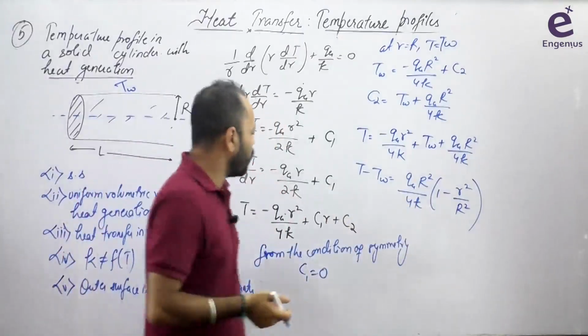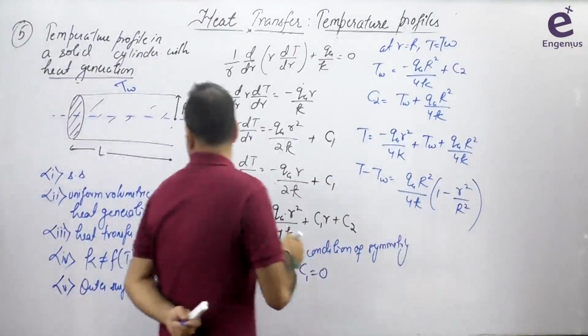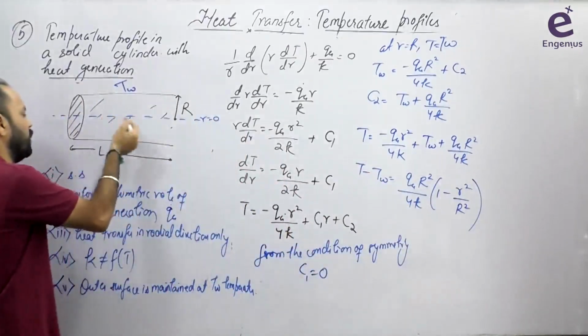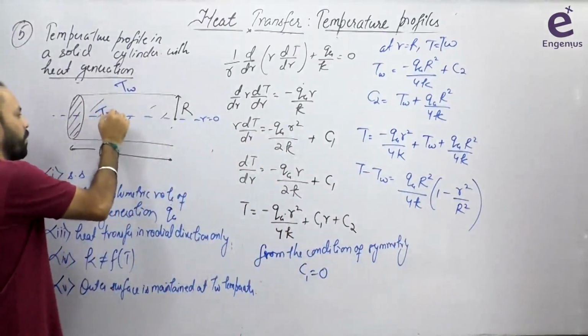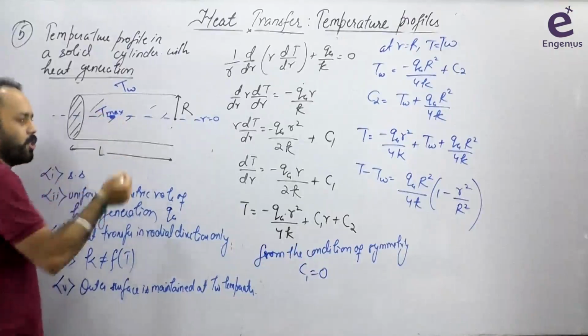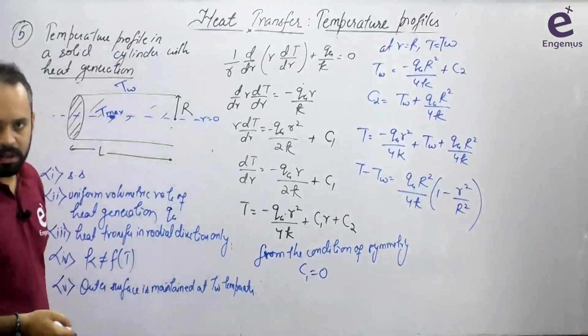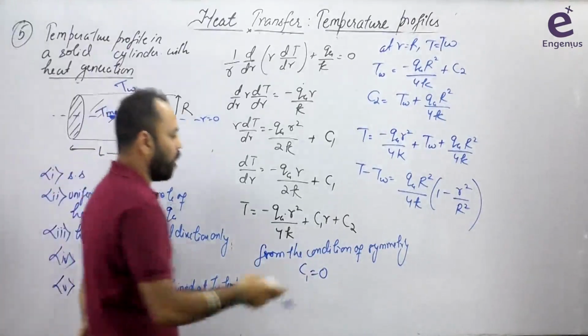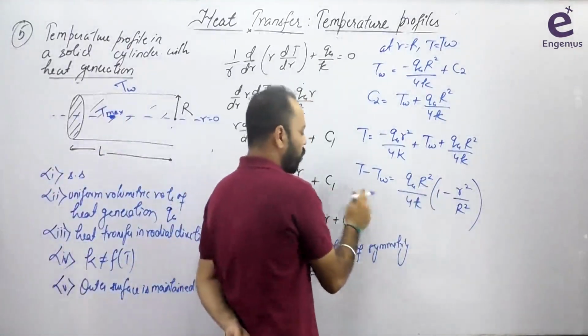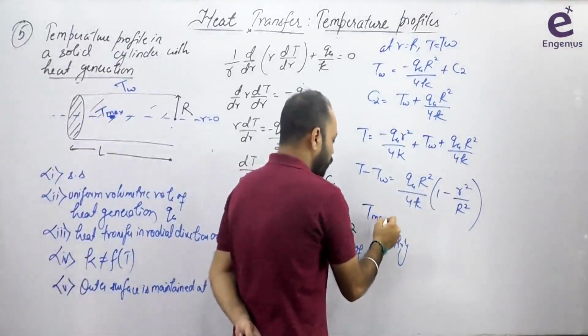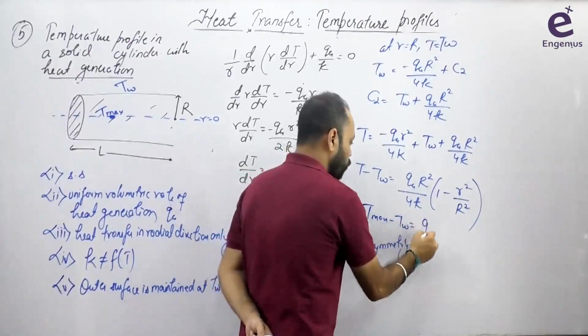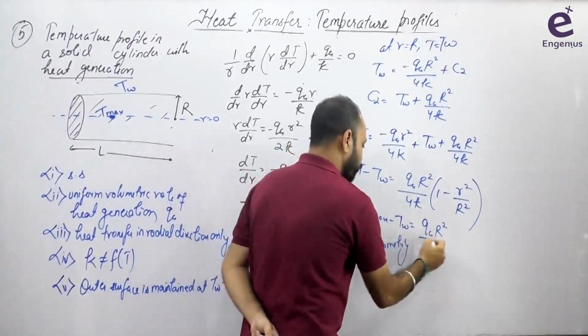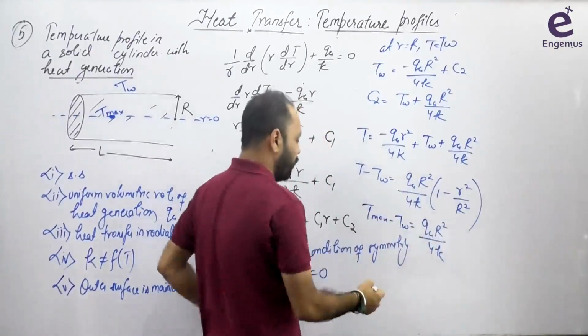और अगर मैं एक और काम कर दूं, you know that inside this solid cylinder heat generation is taking place, maximum temperature will be here. Maximum temperature कहाँ पे exist करेगा? Along the axis, जहां से सिमेट्री होगी. तो if R is 0, T will be T max. So I can write one more equation, T max minus TW is equal to QG R square by 4K. और अगर मैंने इन दोनों को डिवाइड कर दिया, then what I'm getting?